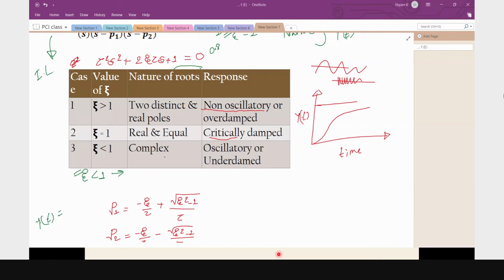Are you getting my point? Complex. And when complex comes, that time its nature will be oscillatory or underdamped.